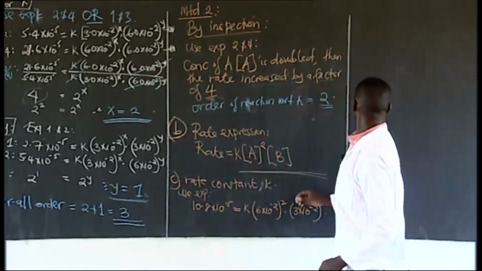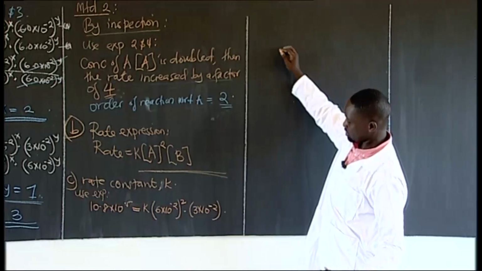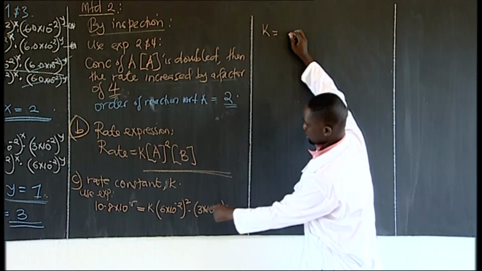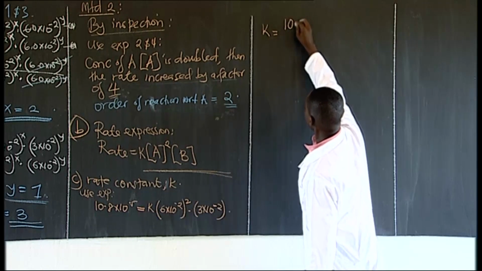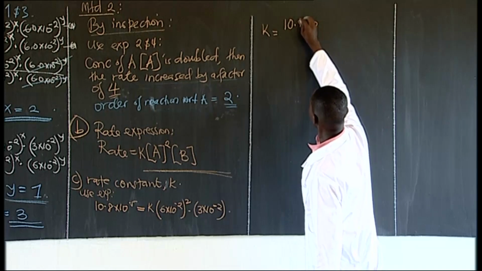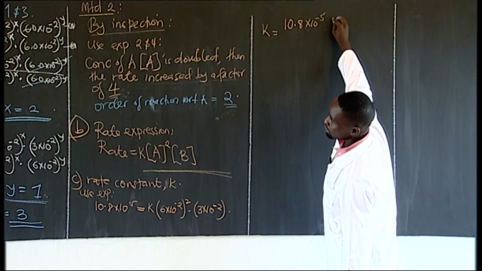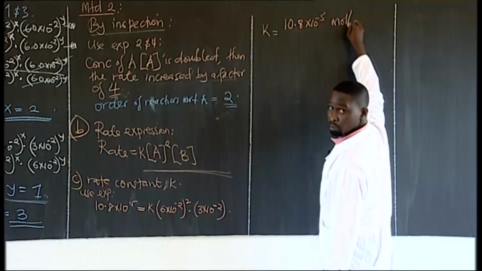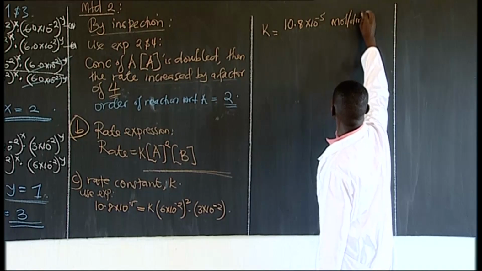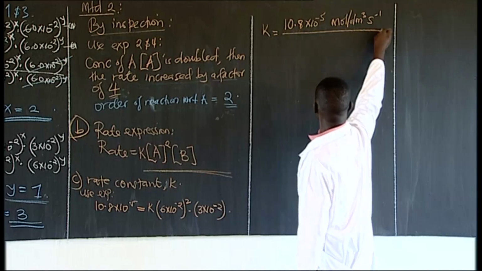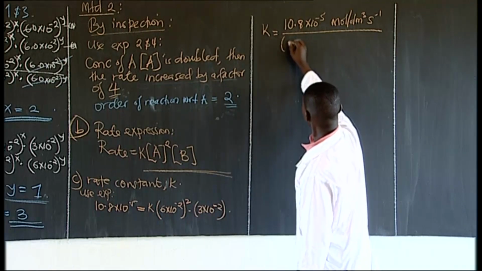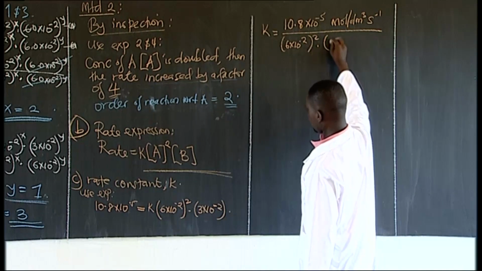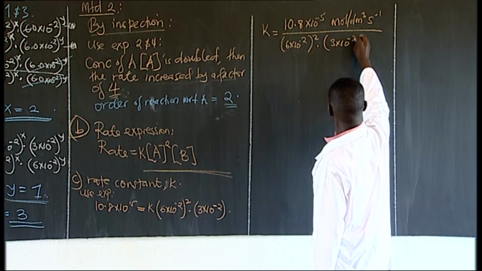So in this case, can we quickly get K? We shall substitute the units later on. So K will be, get this, divide it there. 10.8 × 10^-5, units here, it is mole per decimeter cubed per second, divided by this value, (6 × 10^-2) squared times 3 × 10^-2.